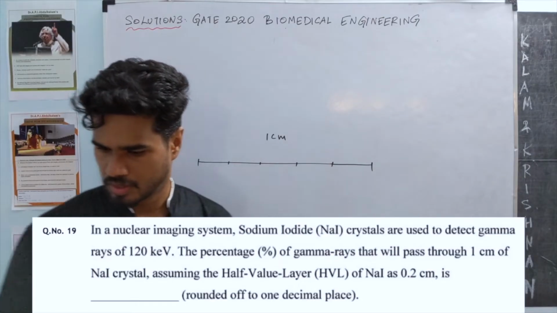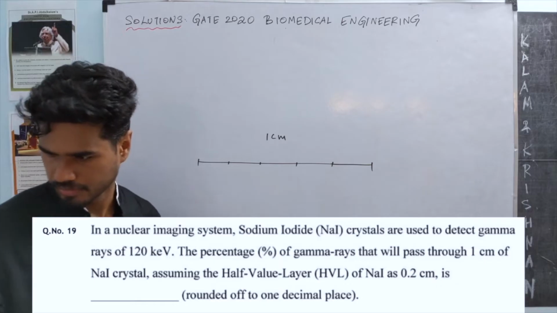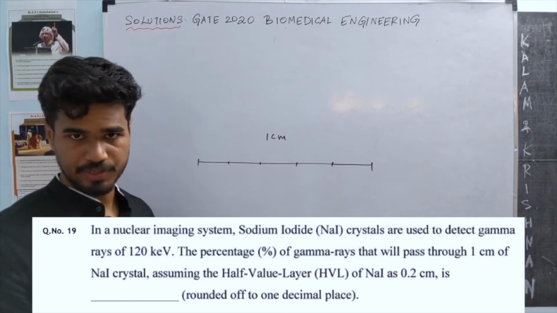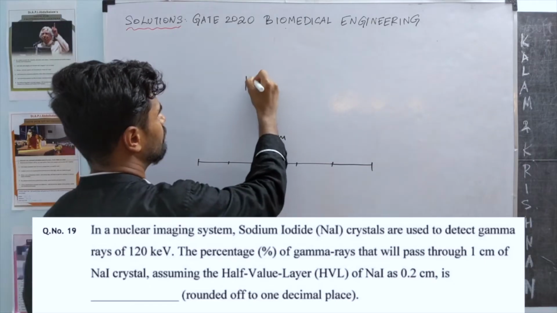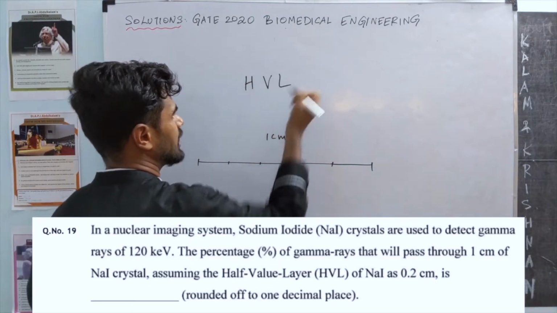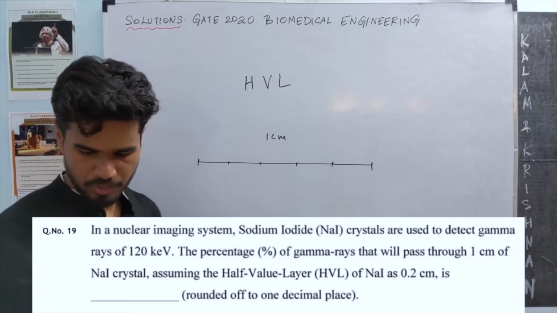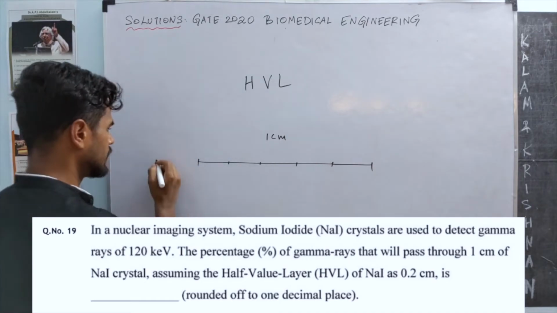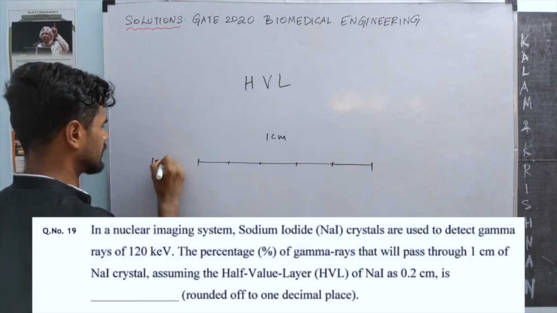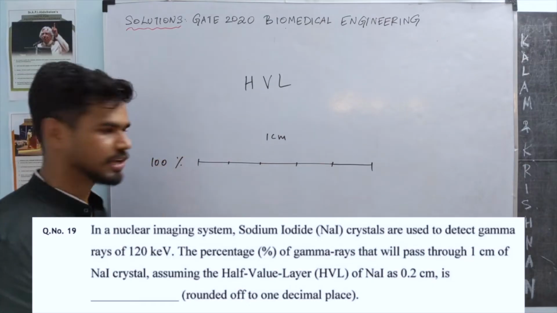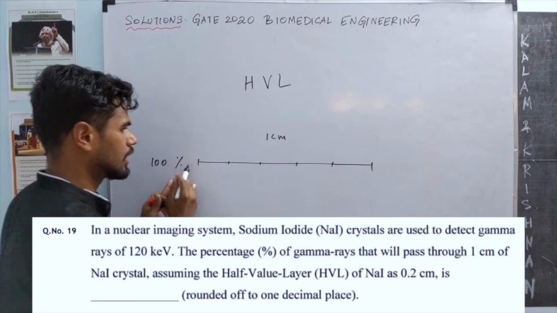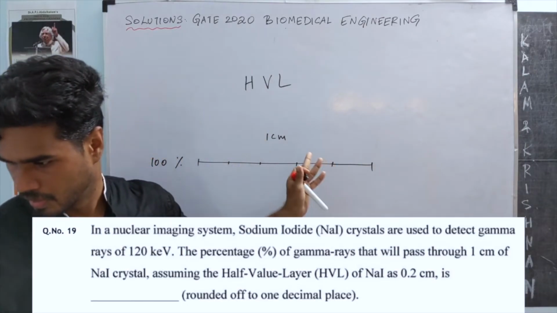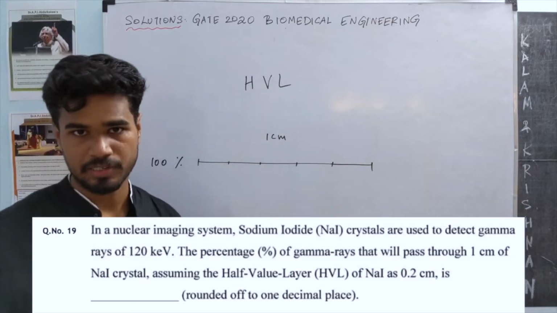For this problem, all we need to know is what half value layer means. Let's say this is the sodium iodide crystal. Let's say 100% of the radiation enters this side, and then it has to exit through this side, and the total length is 1 centimeter.